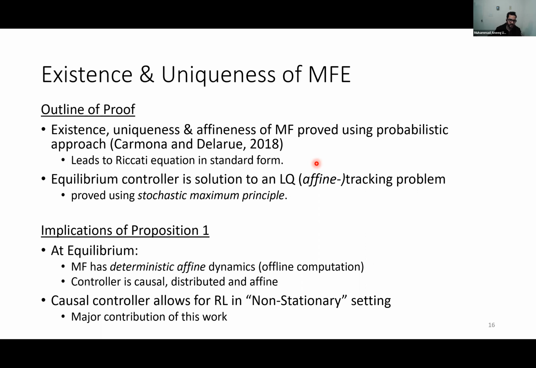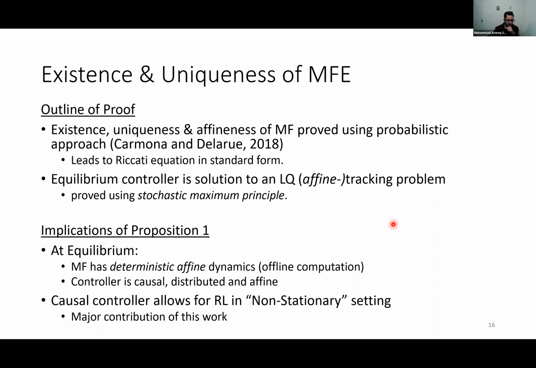We get the existence and uniqueness of solutions using the controllability and observability assumptions that we referred to earlier. Once we have proved this for the mean field trajectory, we can do the same for the equilibrium controller by formulating the problem as an LQ affine tracking control problem. So that's pretty much the outline of proof.